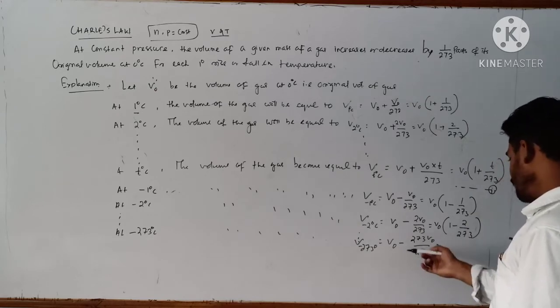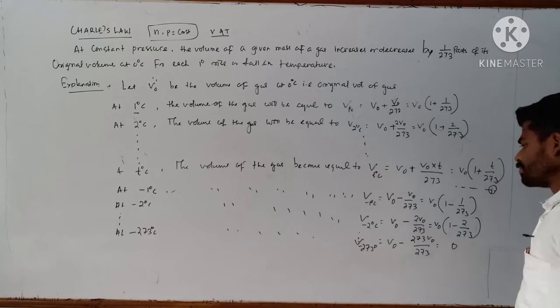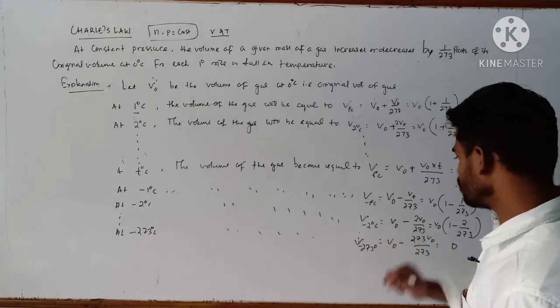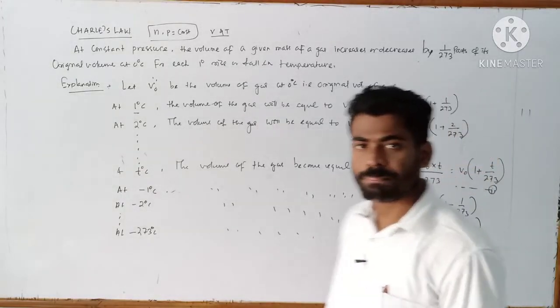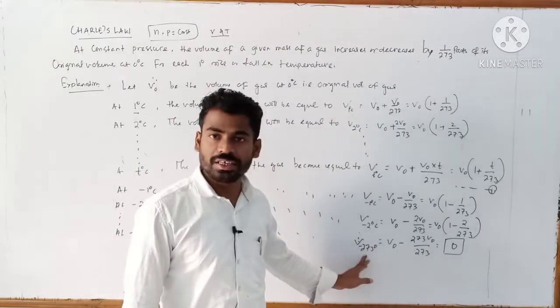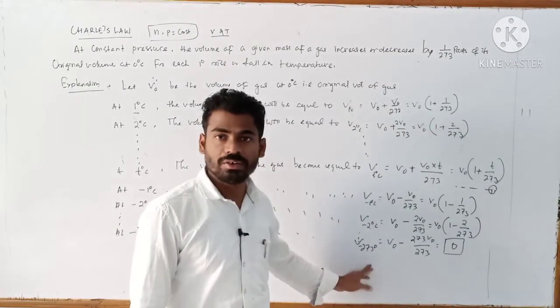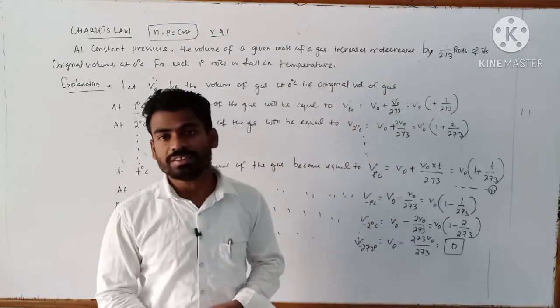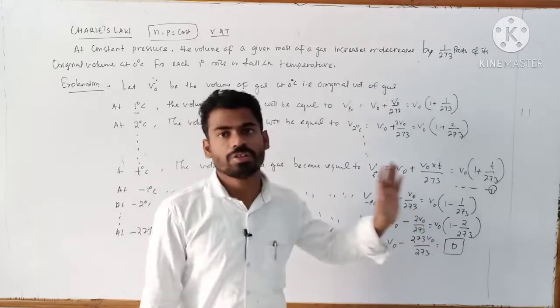So that again becomes 273 V naught by 273, that is 0. So at -273 centigrade, the volume of the gas becomes 0. Beyond this, if you take -274, -275 and so on, there will be no gases. Gas can exist only in the form of some other state of matter.